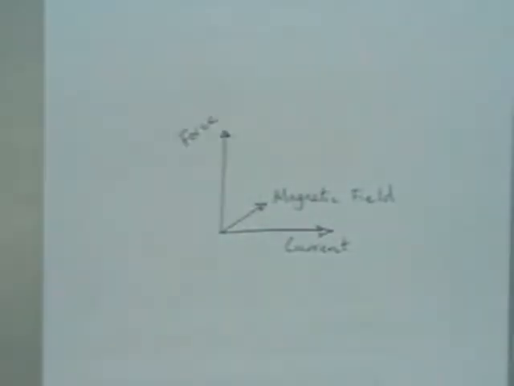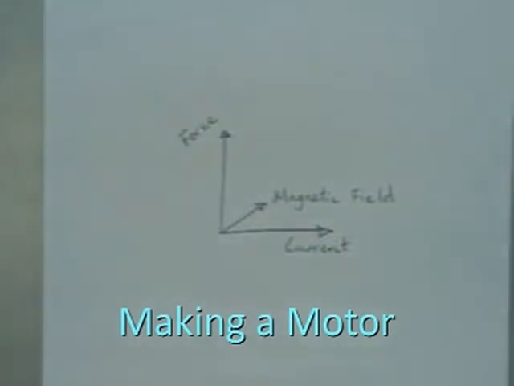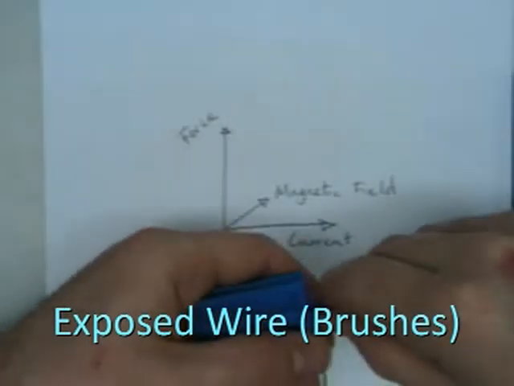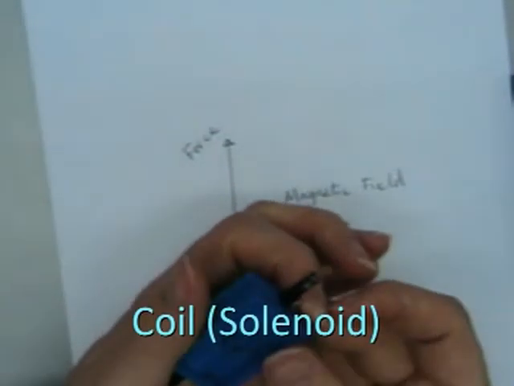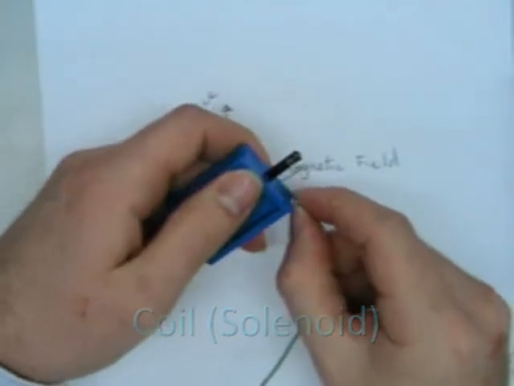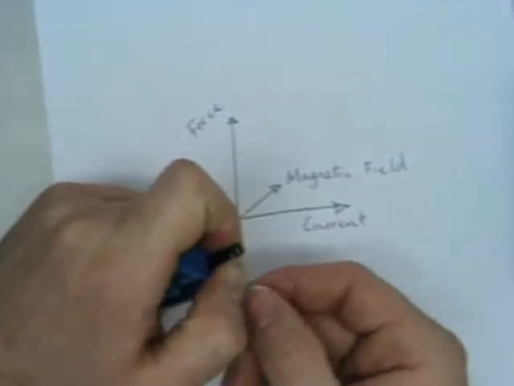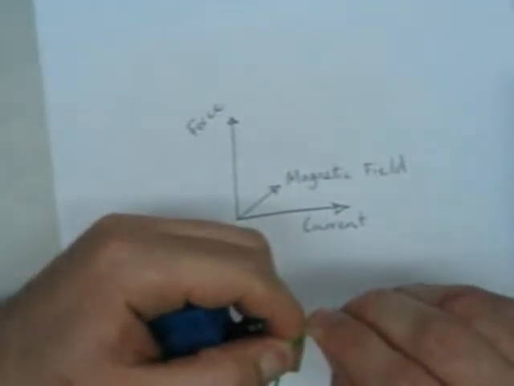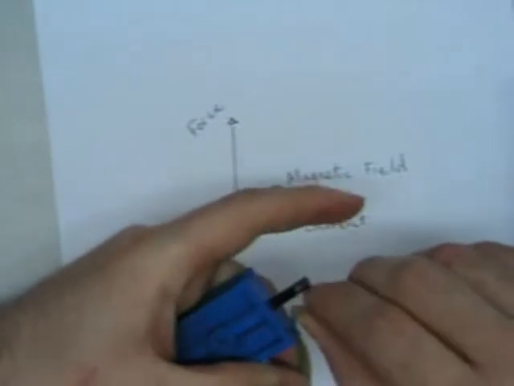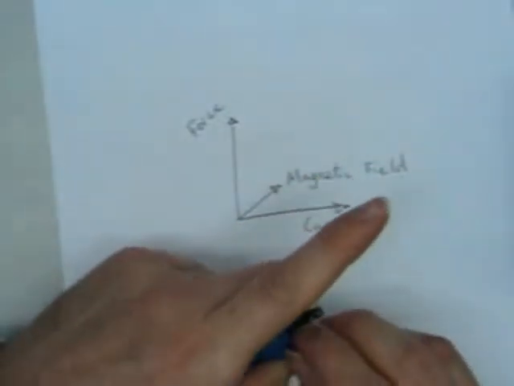So what I'm going to do is I'm very quickly going to make a motor. This exposed piece of wire that I'm leaving at the end here is my brush. That is called the brush. It's just an electrical contact, and it's just an exposed piece of wire, that's all.